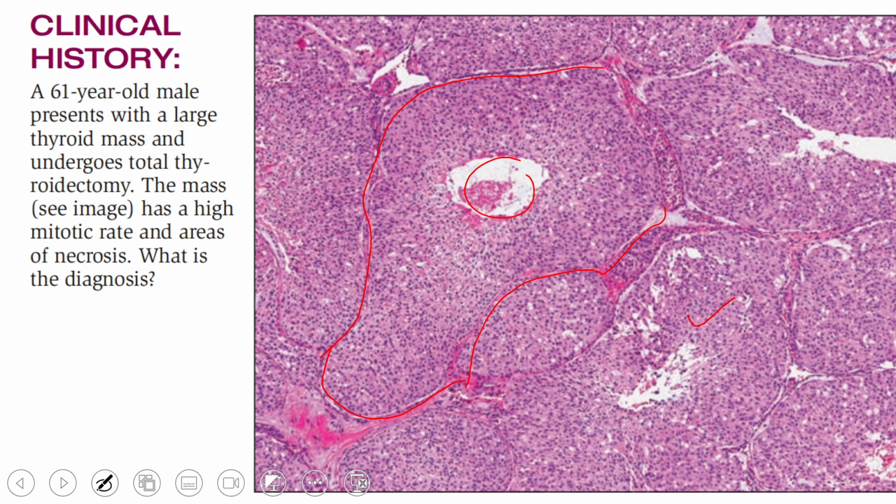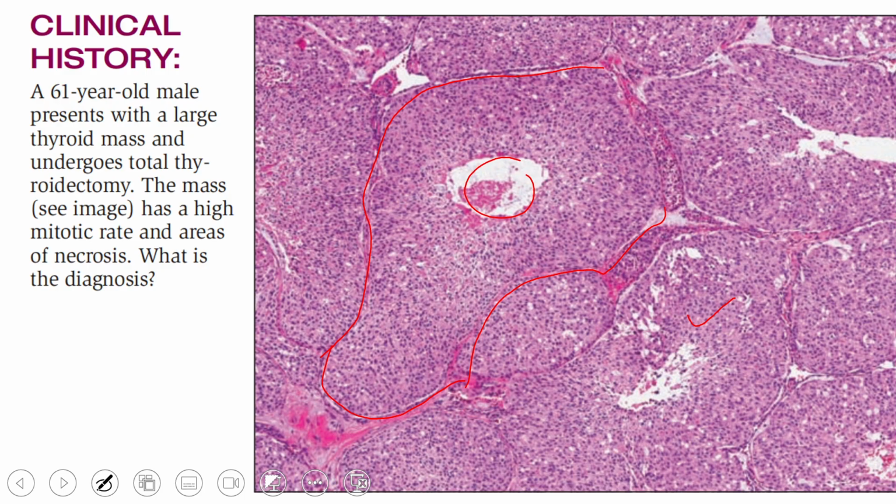Papilla-like projections are also not present, so we can rule out papillary thyroid carcinoma from this picture. And the mitotic rate seems to be higher, since there are so many cells present. Also monomorphic cells are appearing.